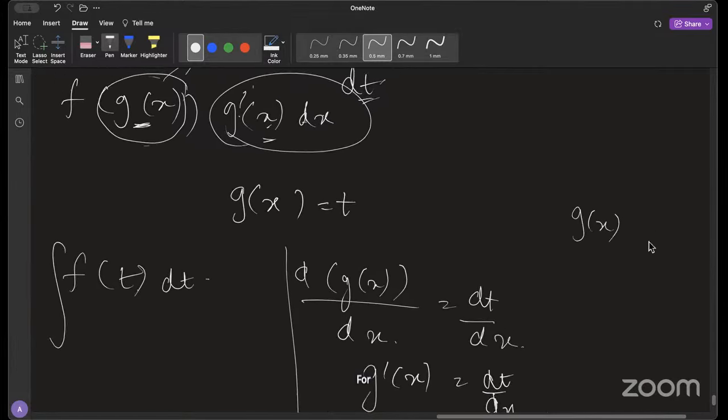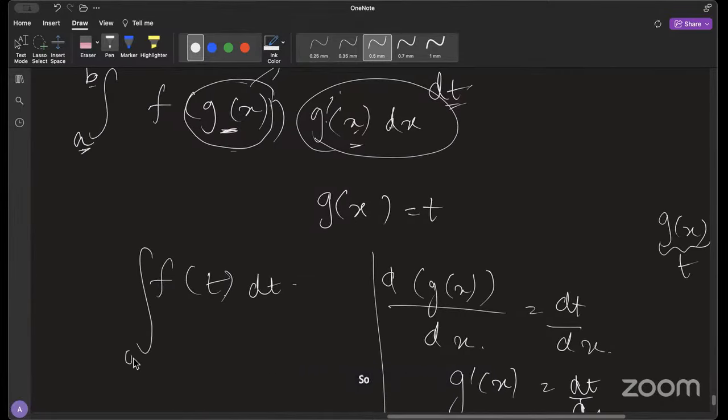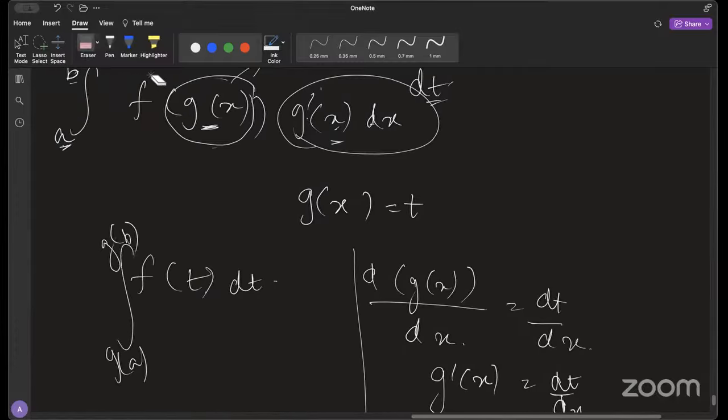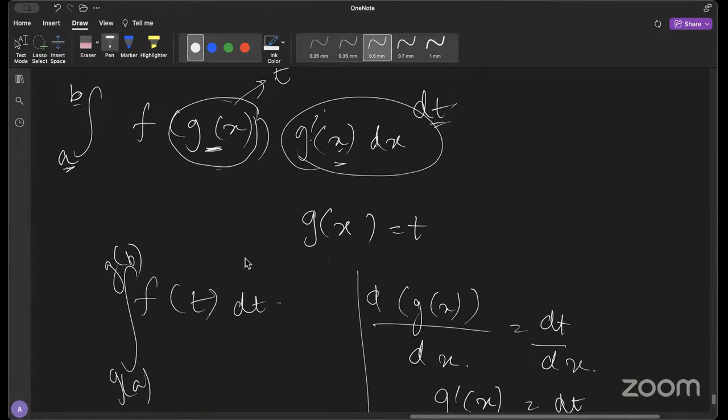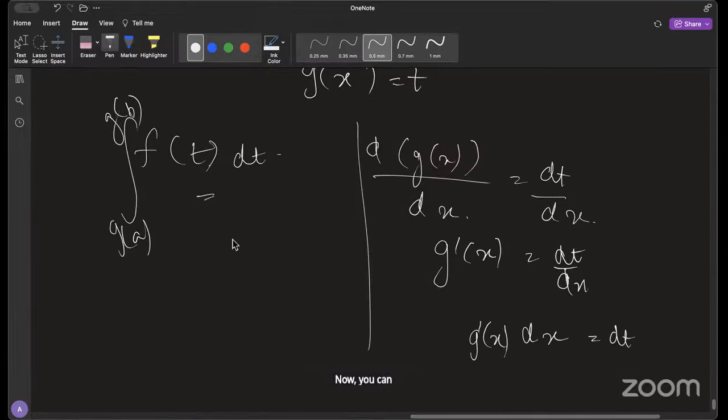For g(x), you took a to b. If you replace this with t, you should take g(a) and g(b). So this entire thing becomes g(a), g(b). This integral gets simplified into this one. Now you can solve this.